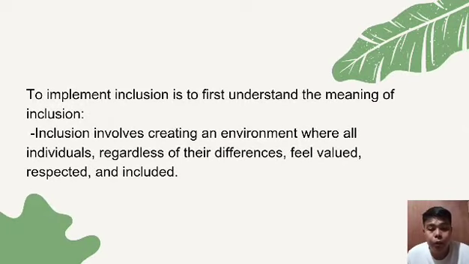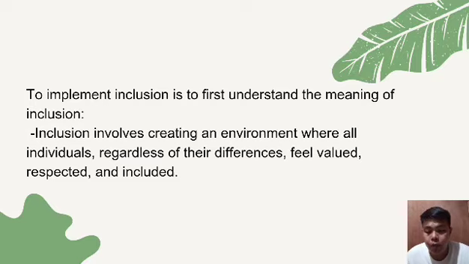To implement inclusion is to first understand the meaning of inclusion. Inclusion involves creating an environment where all individuals, regardless of their differences, feel valued, respected, and included. To implement inclusion, it's important to first have a clear understanding of what inclusion means.